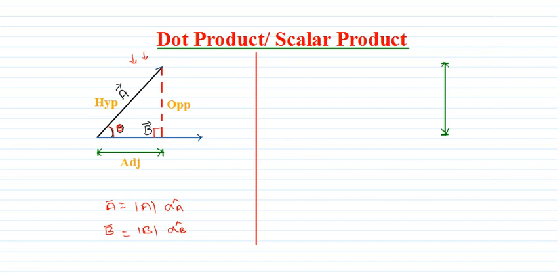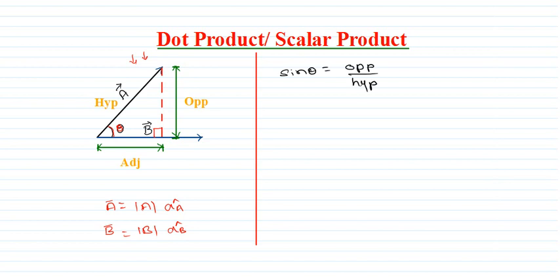Let us make this length the opposite side length, this the adjacent side length, and this the hypotenuse side. Now, if I write sine of the angle theta, sine theta is equal to opposite by hypotenuse.